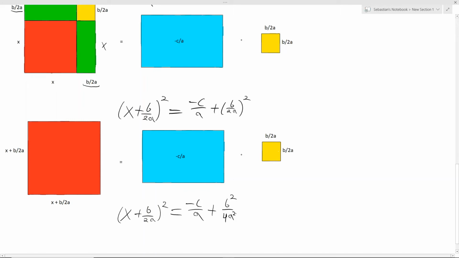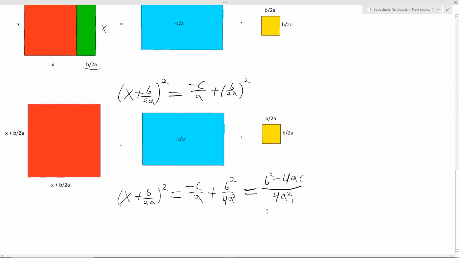And the last step we can do is get a common denominator here by multiplying everything by 4a, and then we can combine the numerators into b squared minus 4ac over 4a squared.